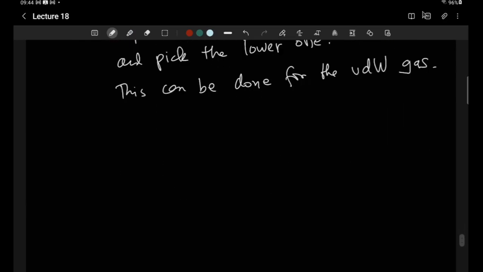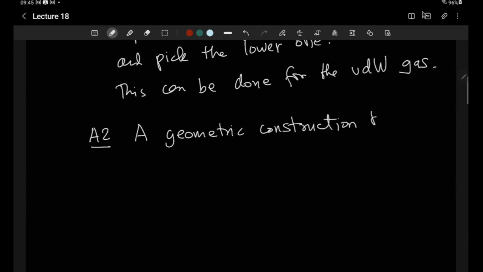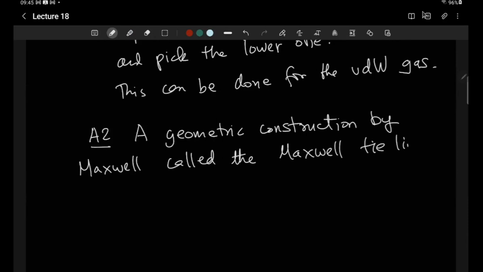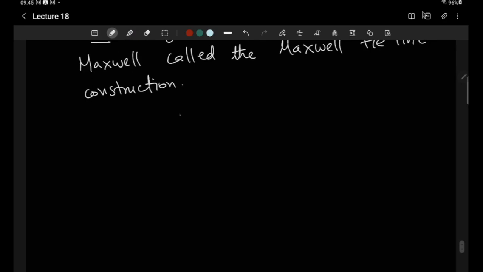But there is answer 2, which is a geometric construction by Maxwell, called the Maxwell tie construction, Maxwell's tie line construction, which says something like this.